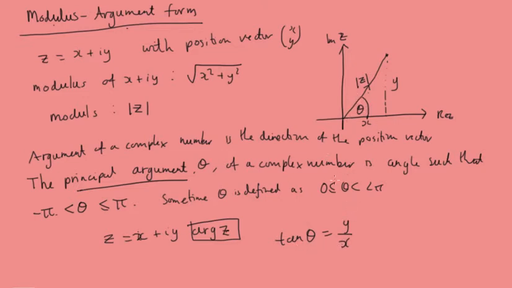Now, when you're asked to find the argument of z, it's really helpful to do the Argand diagram, because it will show you where theta is, and it will help you to make sure you get the right value of the angle. Now we're going to do a number of exercises just to show what I mean by that, and to pay attention to where is the position vector, and therefore what angle are we looking at.